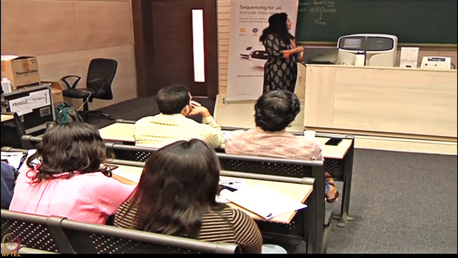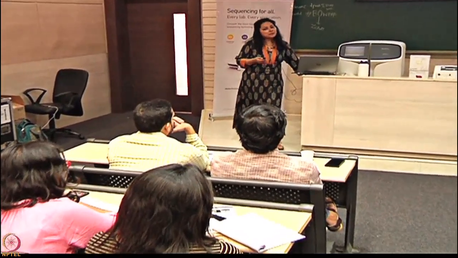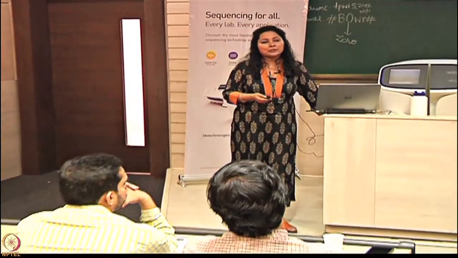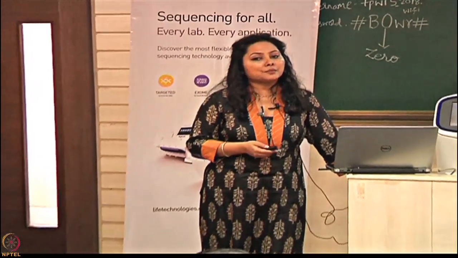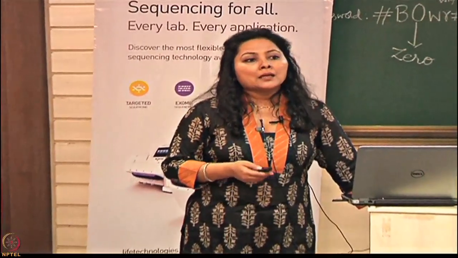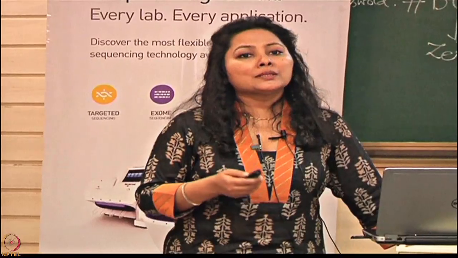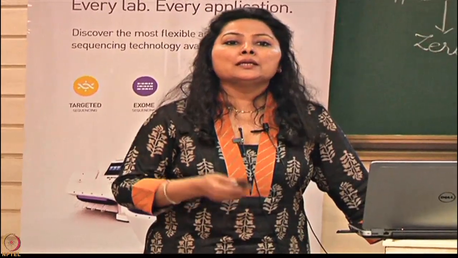So you started with your DNA or RNA, to begin with. So you isolated DNA, RNA from cells or from some culture isolates or whatever. Now once you've isolated this DNA and RNA, the next step is that you prepare a library. Now library is basically a collection of fragments, whether it is coming from DNA or RNA, which you finally want to sequence. So this can be an enriched portion.